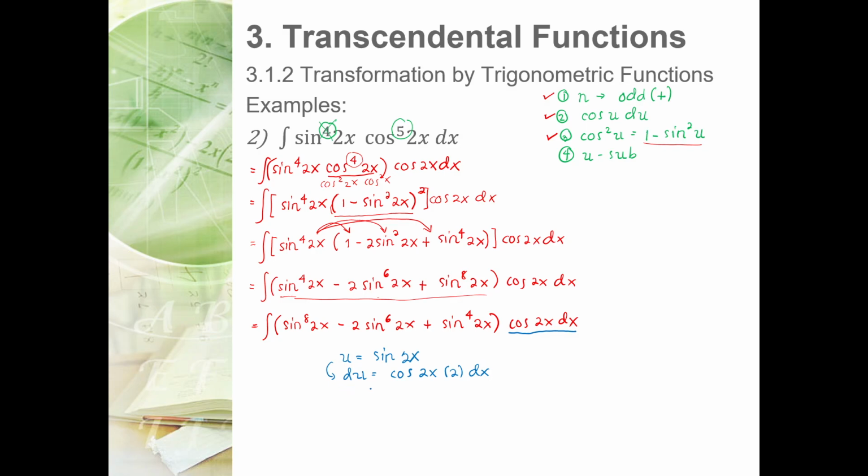So what you have here is 2 cosine 2x dx. Divide by 2, so du over 2 is cosine 2x dx. And this will be your u parameter for each term, 3 terms to be exact.